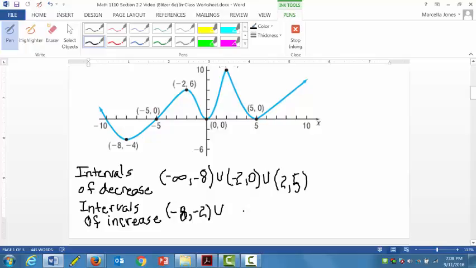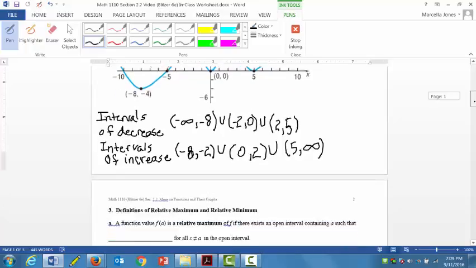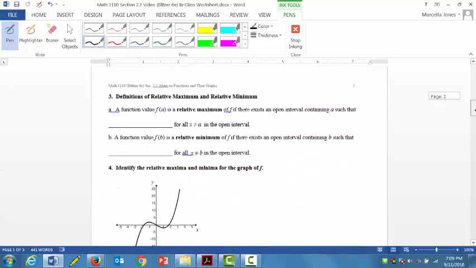When we give the intervals of increase and decrease, we give the x values. And so from x equal negative 8 to x equal negative 2, we see the graph goes uphill. From x equals 0 to x equal 2, as we move from left to right, the graph goes uphill. And from x equal 5, indefinitely beyond that, the graph goes upwards.